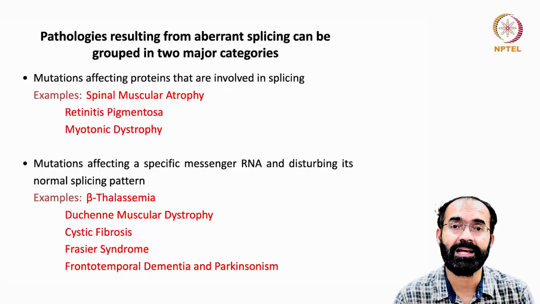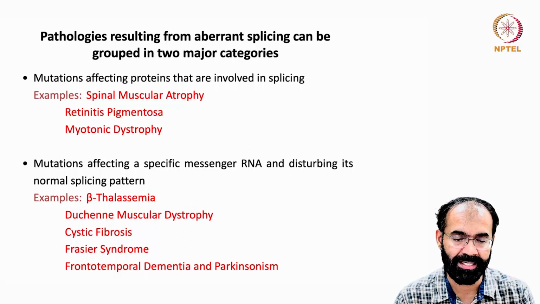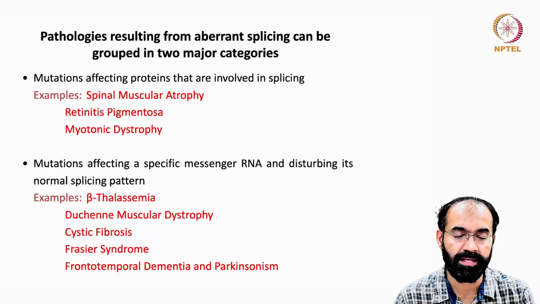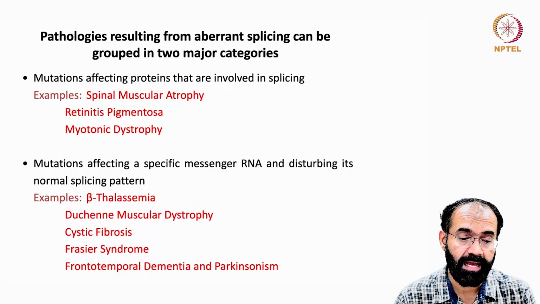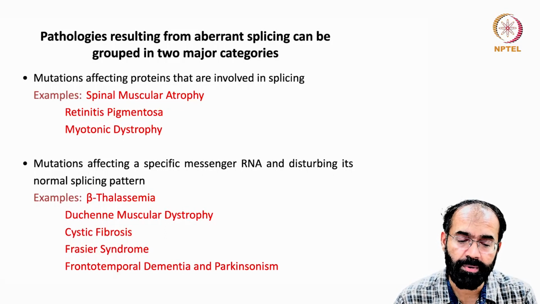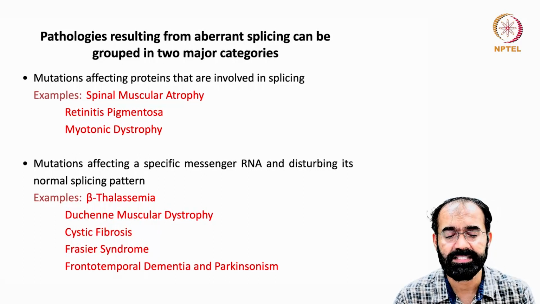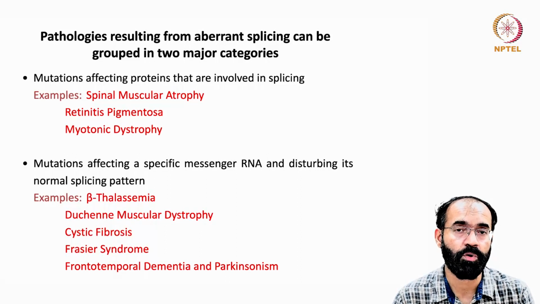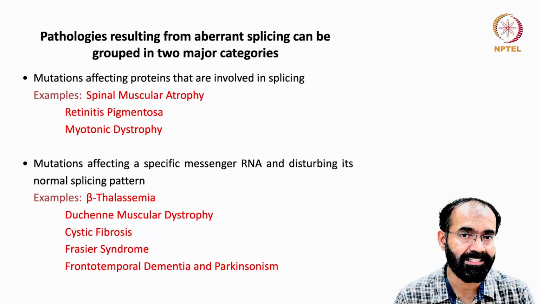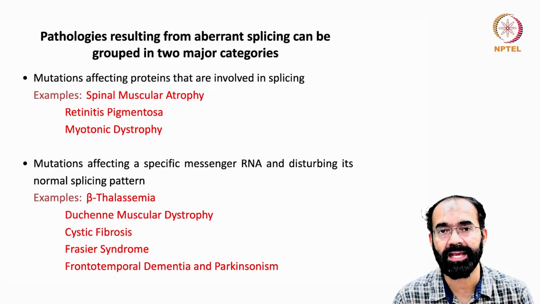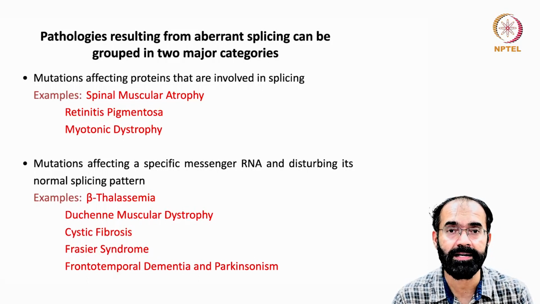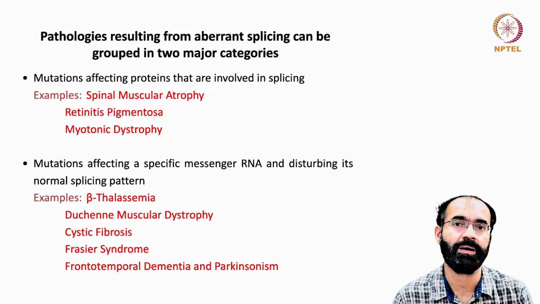So the second example is where individual genes are affected. Examples are beta thalassemia, Duchenne muscular dystrophy, cystic fibrosis, Frasier syndrome, frontotemporal dementia and Parkinsonism. These are diseases that are case by case. A gene A is important or a protein A is important, and protein A's splicing is affected and only protein A's functions are affected. But if a protein is important in the splicing of 100 mRNAs, then all these 100 mRNAs are affected.